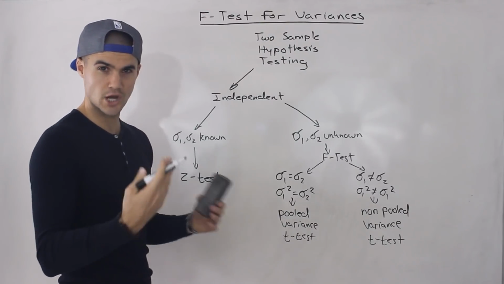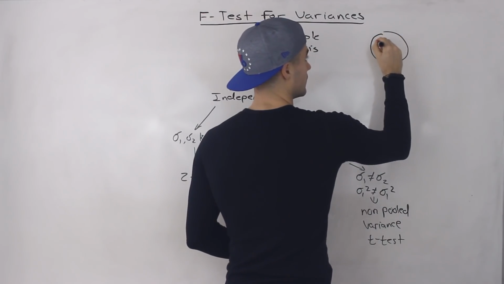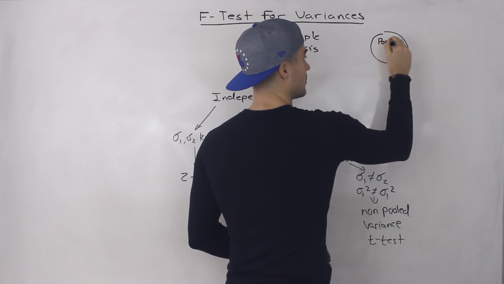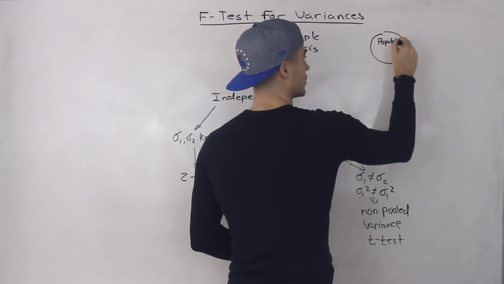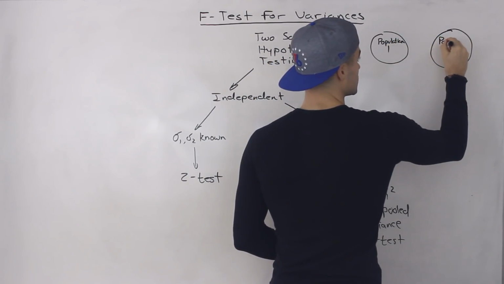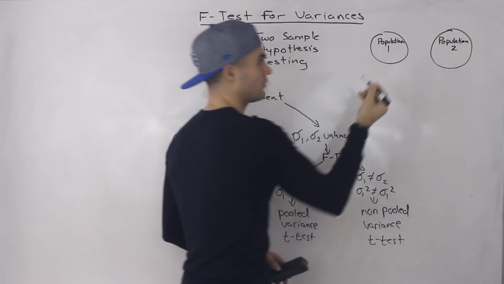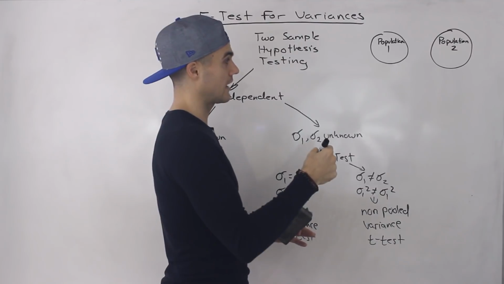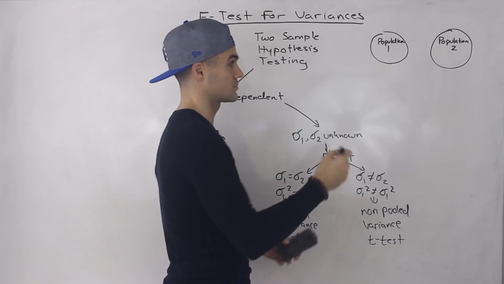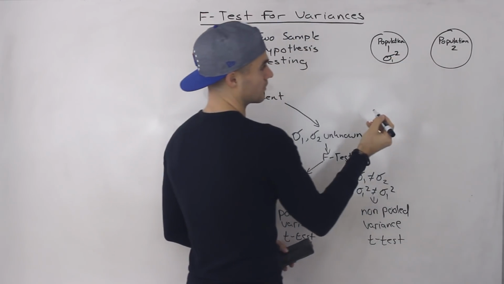And the process, the general process, is going to be exactly the same. So you're going to have some kind of population. Let's call it population 1. You're going to have population 2. And both of these populations are going to have some kind of standard deviation or some kind of variance. Let's just work with variance, right?